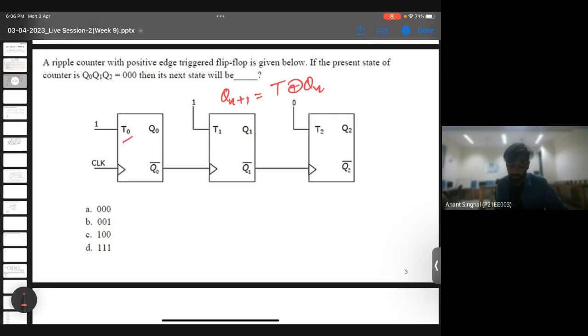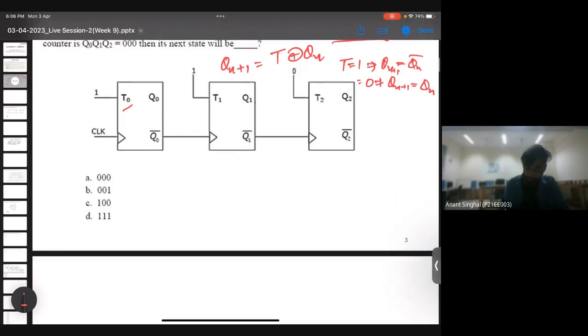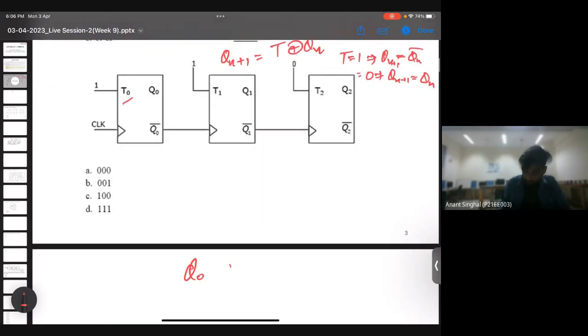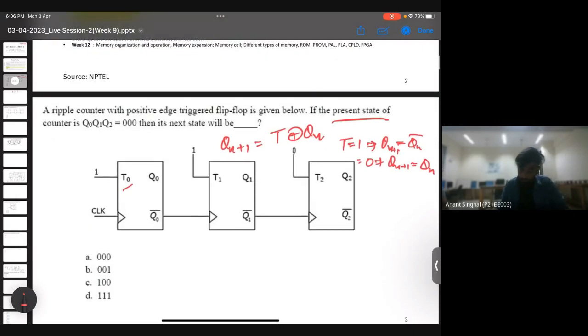On the basis of it, we'll be solving the problem, and we know that when T equals 1, Qn becomes Qn bar, it toggles, and when T equals 0, Qn plus 1 remains Qn only. The question says that the initial state or the present state of the flip flop is 0 0 0. So let me write it here. It is given Q0, Q1, and Q2 is initially 0 0 0.